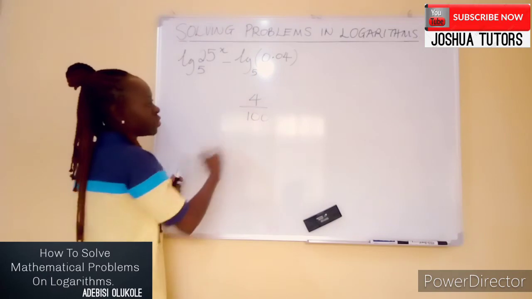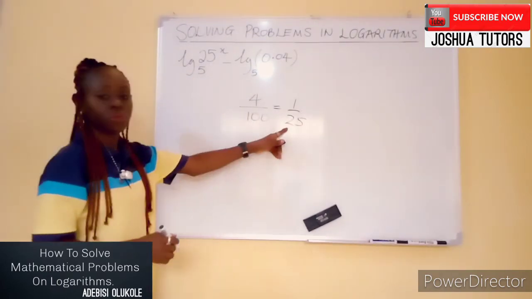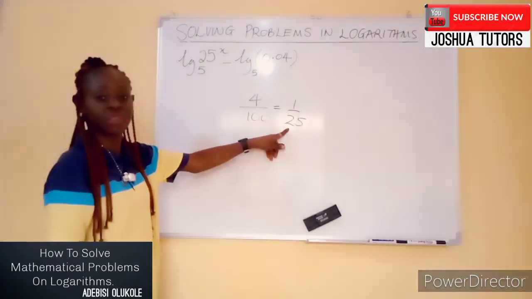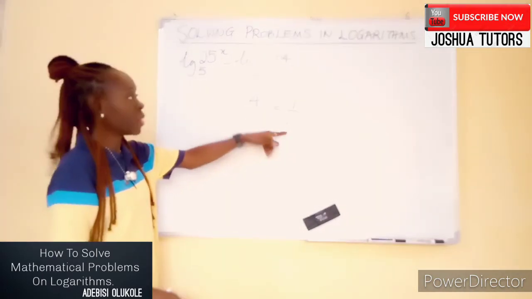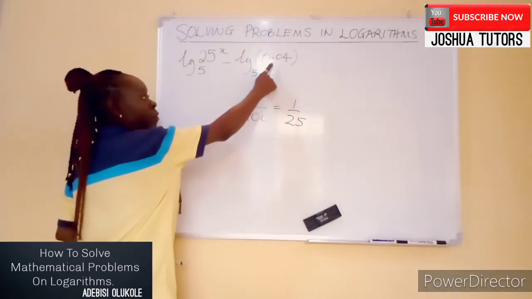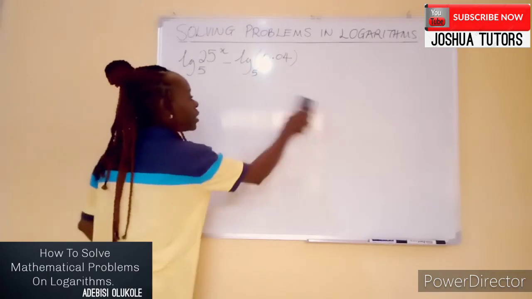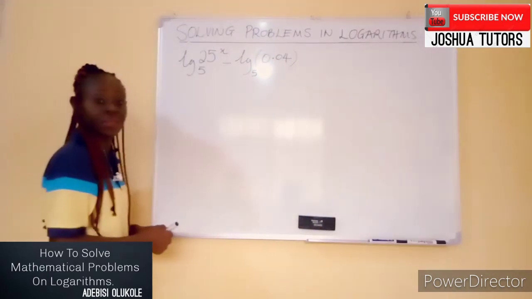So I have 4 over 100, and you know 4 over 100 is 1 over 25. You can see 25 is a multiple of 5. In this case, it is inverted. So I'm just going to take it straight back to the original question. 0.04 is 4 over 100. 4 over 100 is 1 over 25. So let's rewrite the question with that in mind.